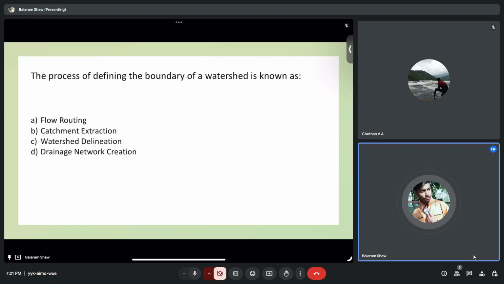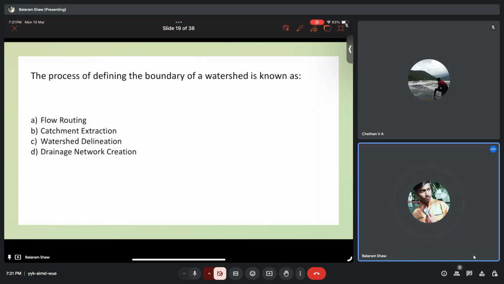The next question is: the process of defining the boundary of our watershed is known as. We have seen how we can do the watershed delineation. What is watershed delineation? Find the word delineation.